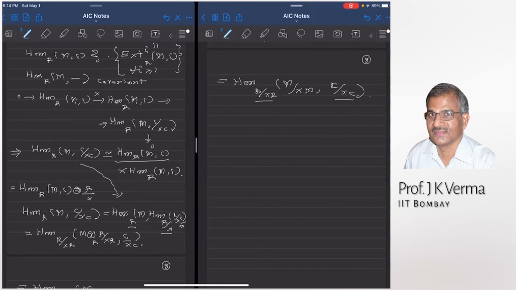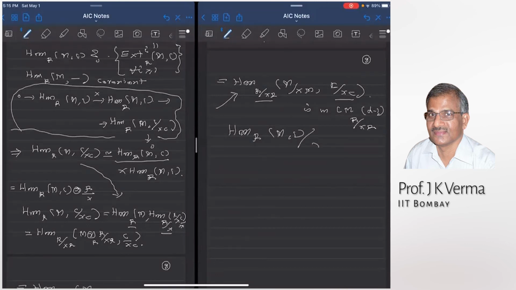So by induction, this Hom_R(M, C) mod x is a Cohen-Macaulay module over R/xR of dimension d minus 1. But look at this exact sequence. It says that this module is the same as Hom_R(M, C) mod x times this.